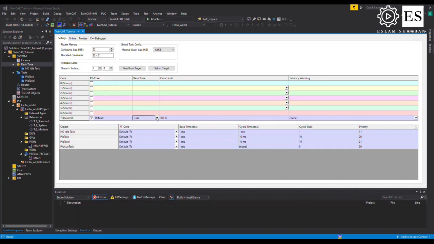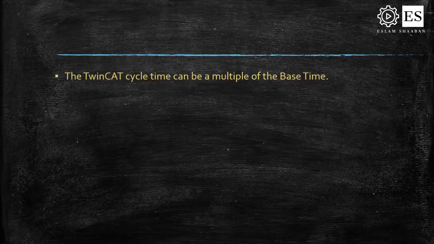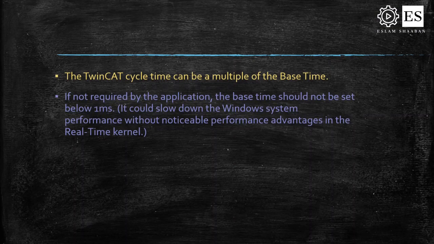Then you can configure the base time of the CPU core, which varies from 1 millisecond to 50 microseconds. Please note, the TwinCAT cycle time can be a multiple of the base time. If not required by the application, the base time shouldn't be set below 1 millisecond.